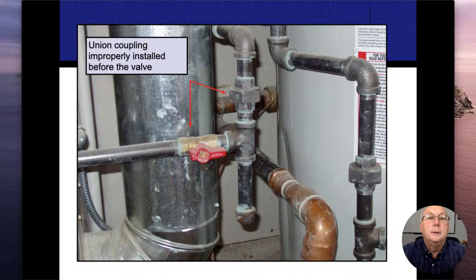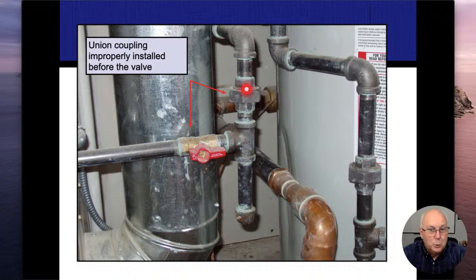Now this one here, the furnace is off on the left-hand side, and the gas is actually coming from above. So using our pointer again, this is where my gas is coming in. We go to our drip leg, and then we go to our isolation valve, and then I go over to my furnace. All right. But if you think about this, if I have to disconnect this, so I turn the isolation valve off, and then I go ahead and disconnect this, well, I've got no way now to turn the gas off, so I'm just going to be leaking.